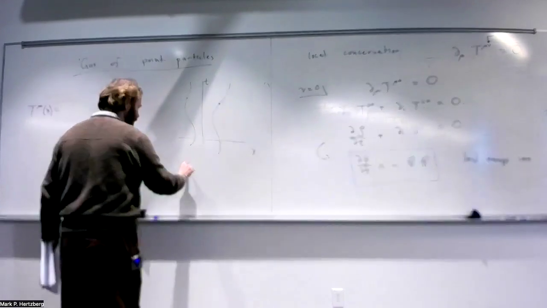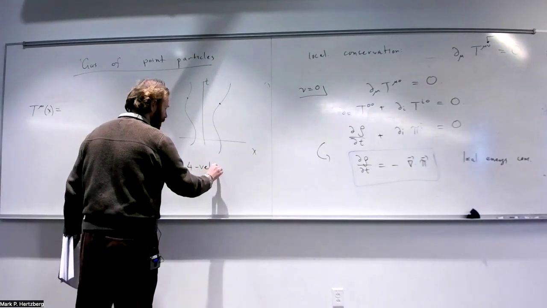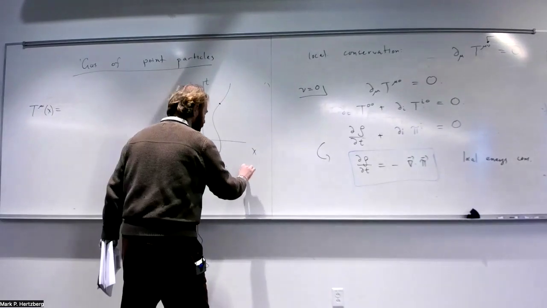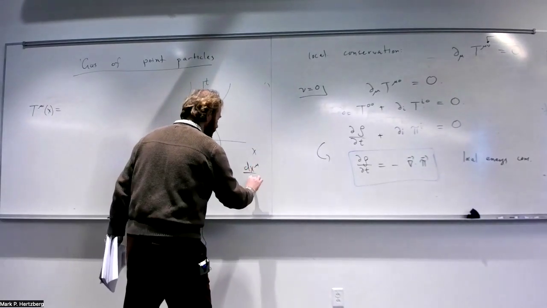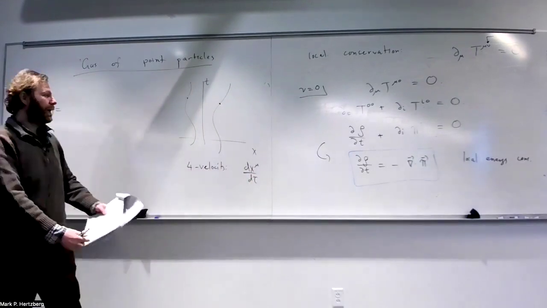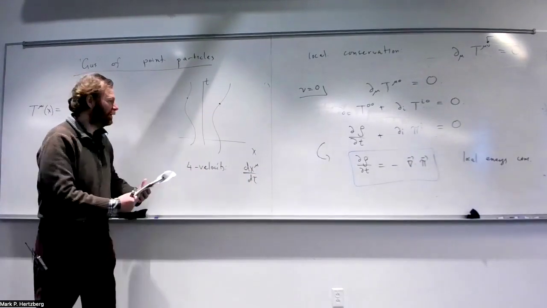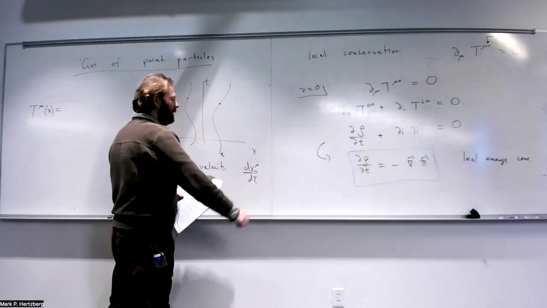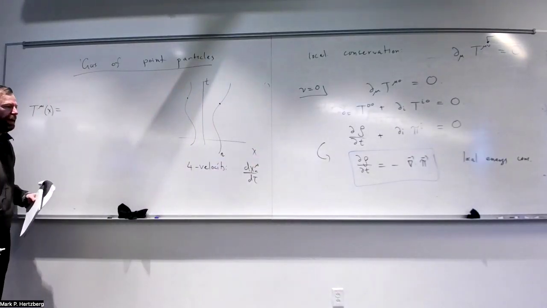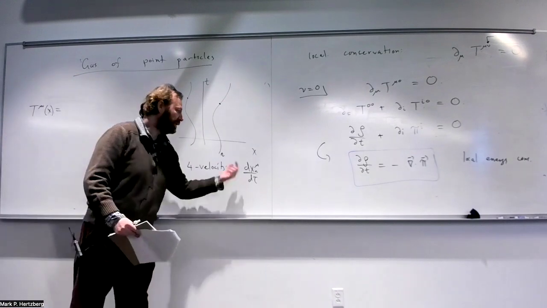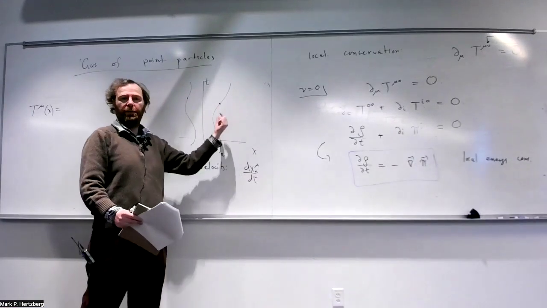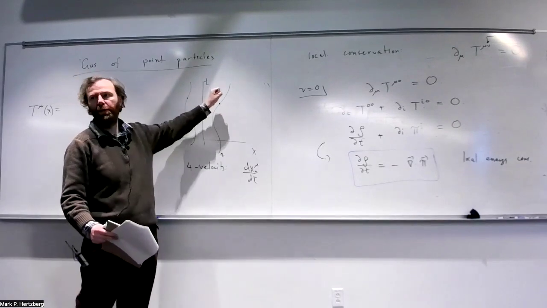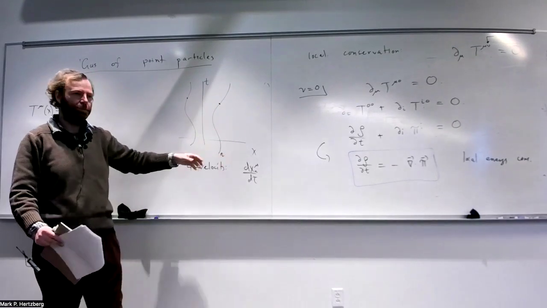What's usually called the forward velocity is dx mu d tau. Right, so x mu, I'm just locating this particle. If this is the nth particle, we'll label the location of the nth particle x sub n, and d tau is the proper time associated with this particle. It's the clock in the rest frame of that object.